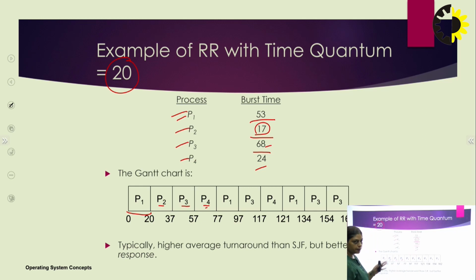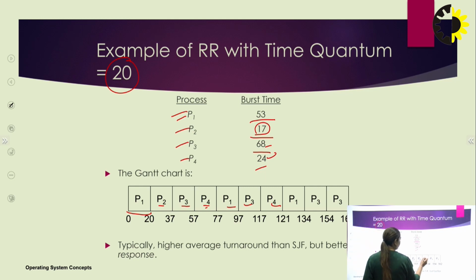After that, the CPU will be preempted. Here P2 is complete because its burst time is less than the time quantum. Then again P1, P3, P4. Then P4 is also gone because in the first slot it got 20 and in the second slot it got 4, so it is completed.